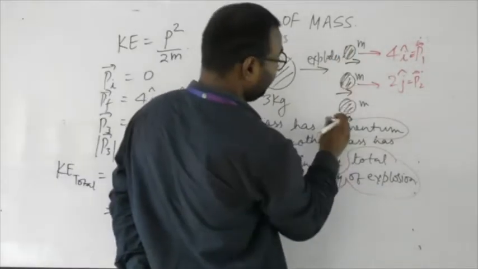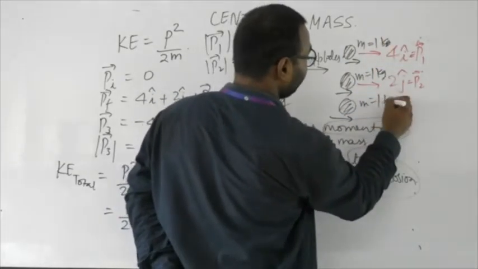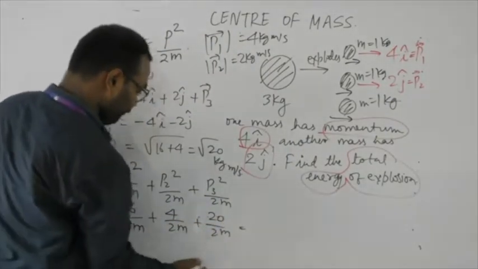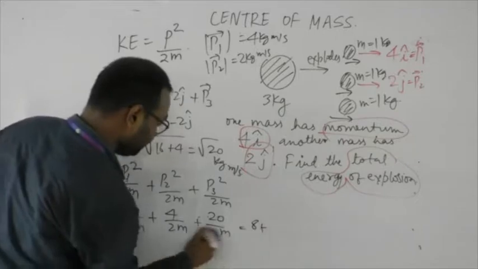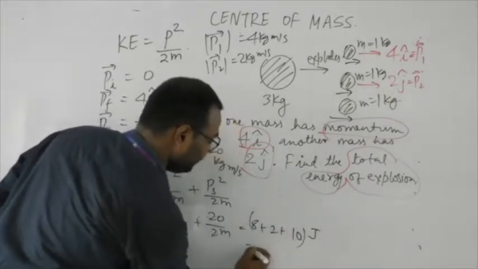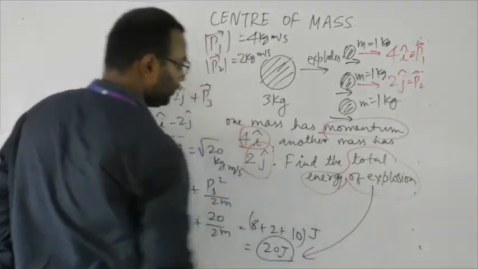These three are equal fragments, that means all having mass of 1 kg. So this will be 8 plus 2 plus 10 joules, which is 20 joules. So this is the total energy of explosion.